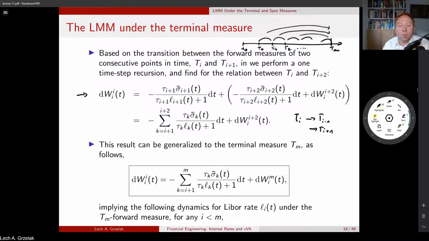This is kind of counterintuitive to some degree, because for the LIBOR which is closest to today, we would expect the most certainty and the least volatility. However, in this construction we need to involve all the LIBORs from our model to bring the distant measure.